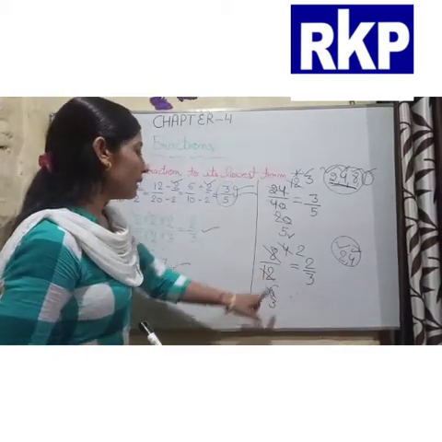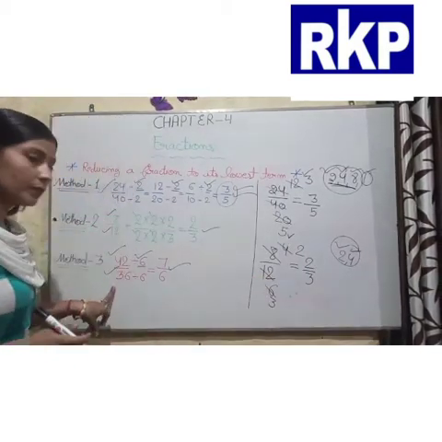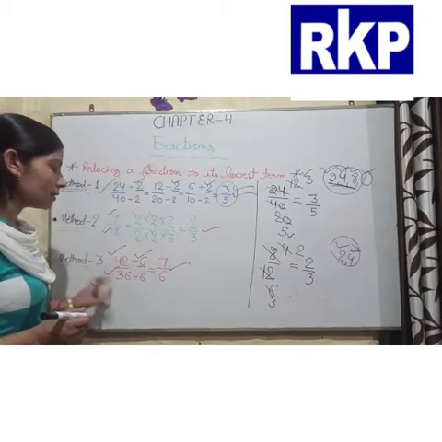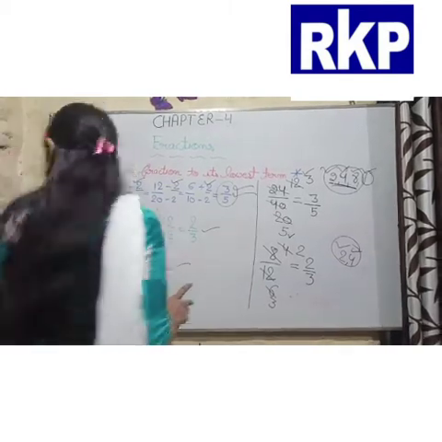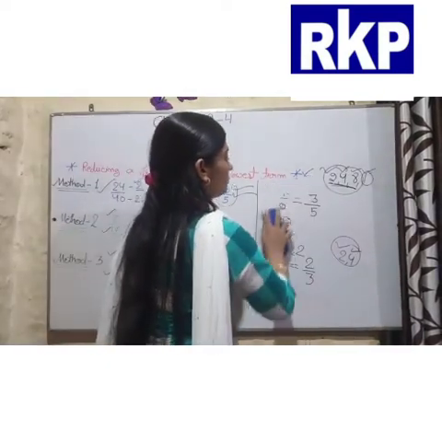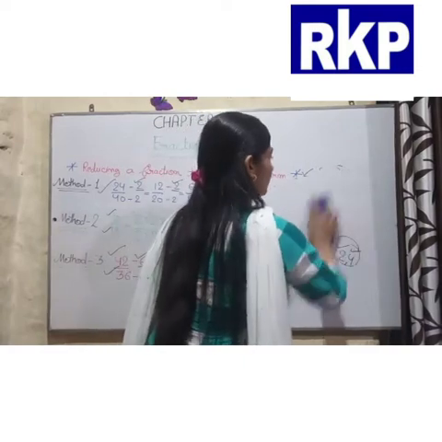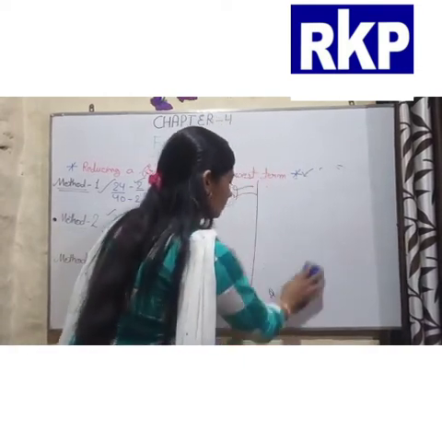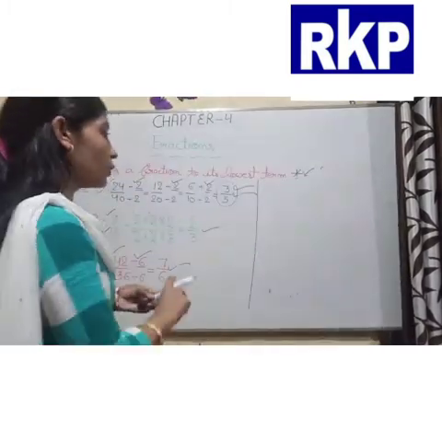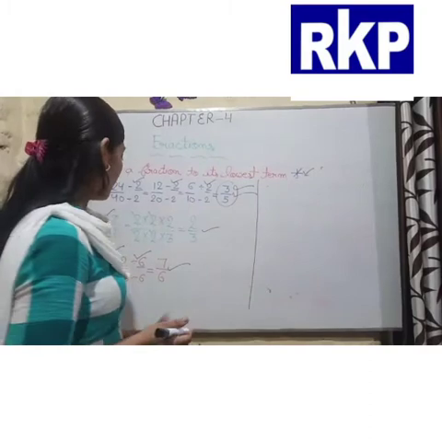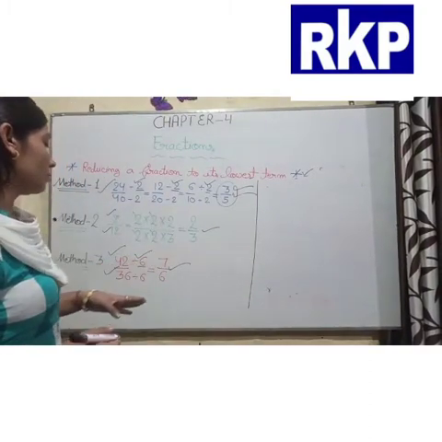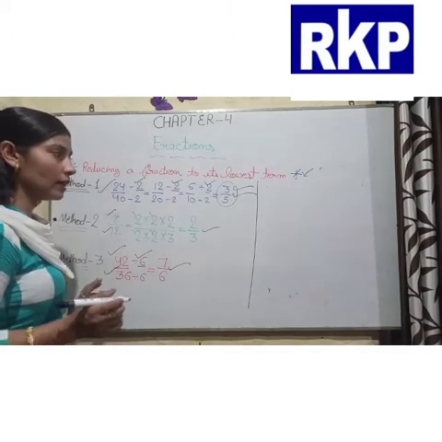Now let us see the third example. In the third example we have 42 by 36. By this method we will find the lowest term of 42 by 36.